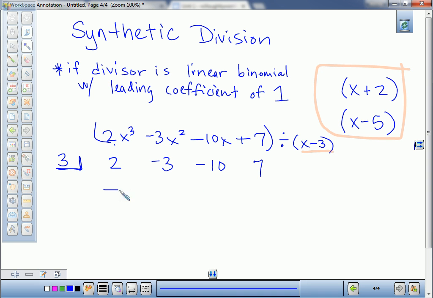All right, and then mathematically there's a lot of reasons why this works, but it's really cool how neat and orderly it is. Okay, what you do is every time, whatever this is, we bring it down.